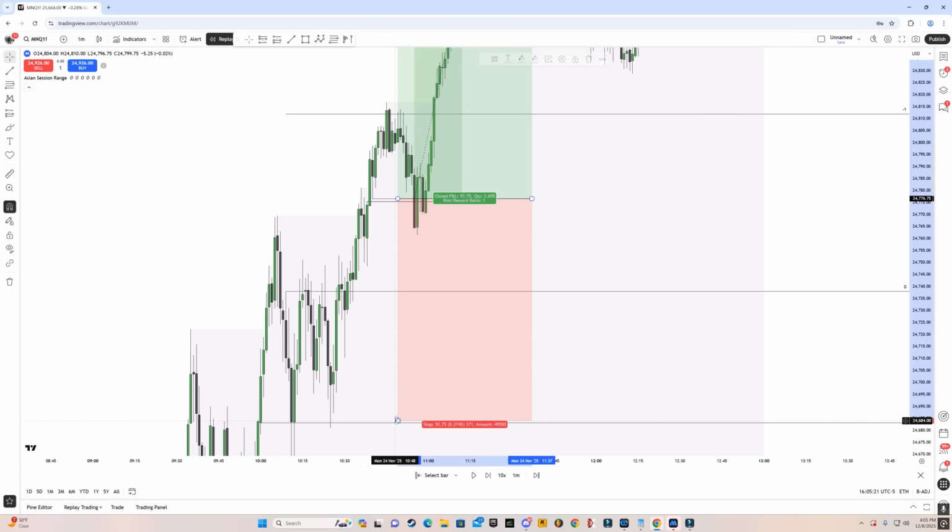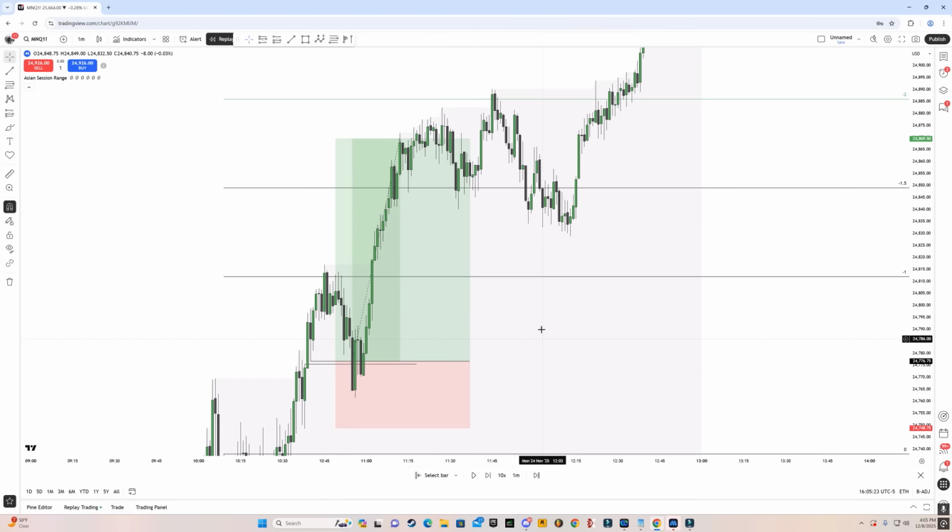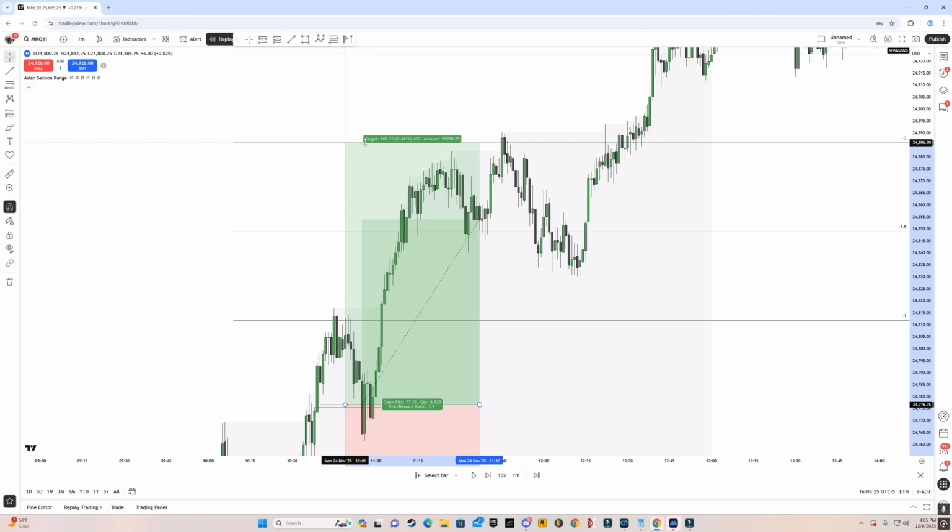So you want to always put your stop below the second PD array, and then you can target the -2. Okay, now when you're in this trade, you can either go for 1 to 2, you can go break even because we're getting 2.57 RR. So at this point, it is very logical to go break even. Okay, and then you can basically have this as your final target, giving you 1 to 4 risk reward.